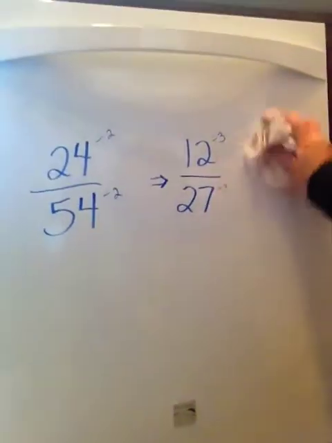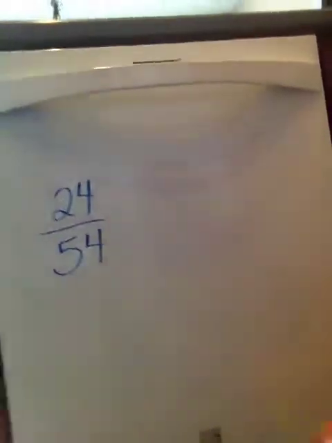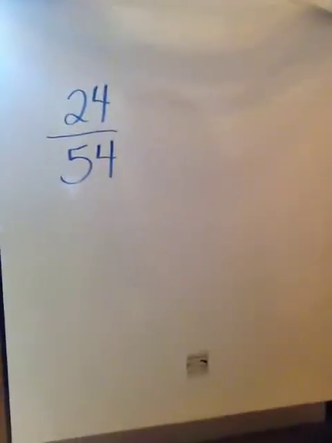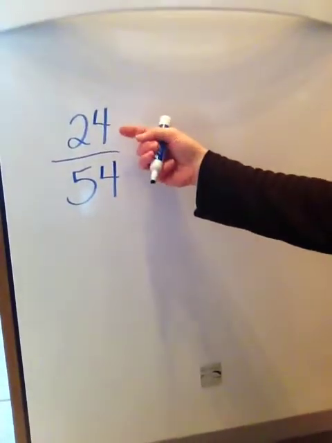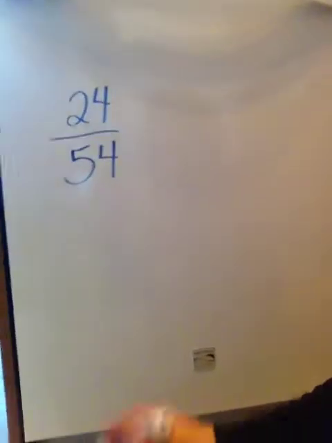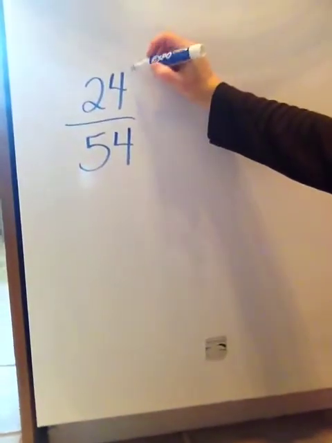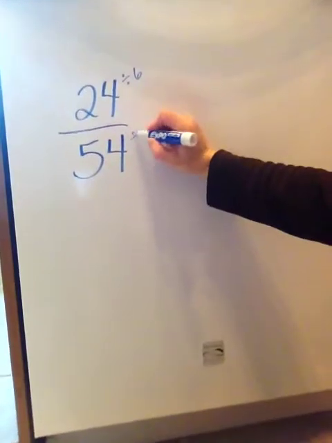If in the beginning somebody, like I always say Bob, said, oh, I know that 6 goes into both of those because I know 6 times 4 is 24 and 6 times 9 is 54. Let's do 6. That is a great number to do.